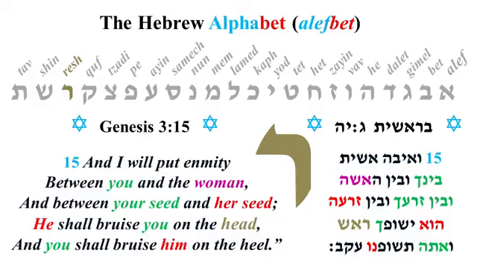And in Genesis 3:15, it says, "And I will put enmity between you and the woman, and between your seed and her seed, and he shall bruise you on the rosh, head, and you shall bruise him on the heel." This is maybe the first prophetic picture of a Messiah who's going to come and save the world.